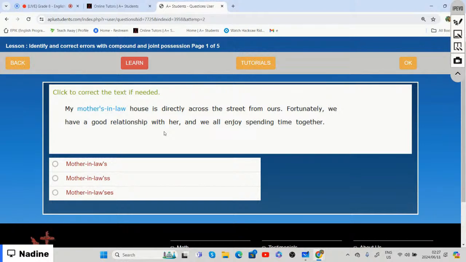If we were to correctly fix the possession of the joined words, do we say the first option, mother-in-law's with an apostrophe S, or the third option, mother-in-laws' with the apostrophe after the S?